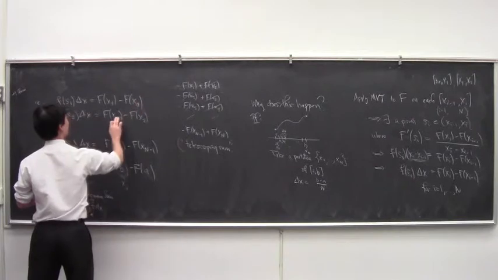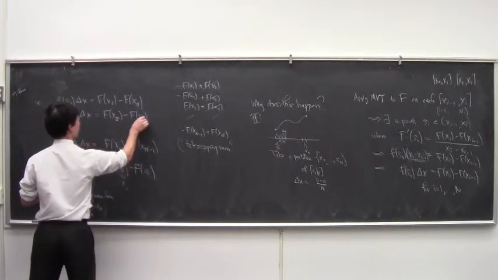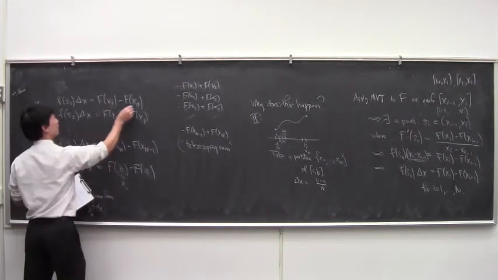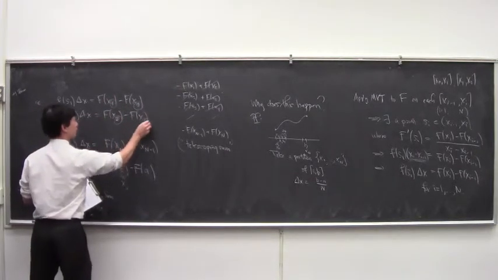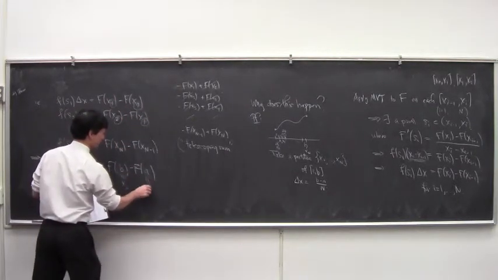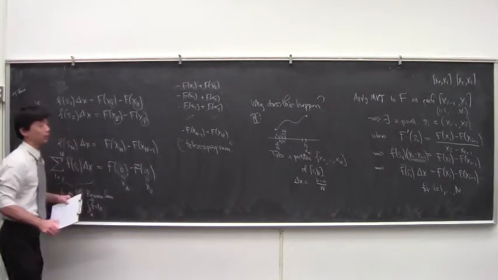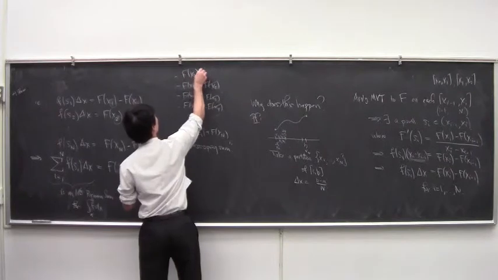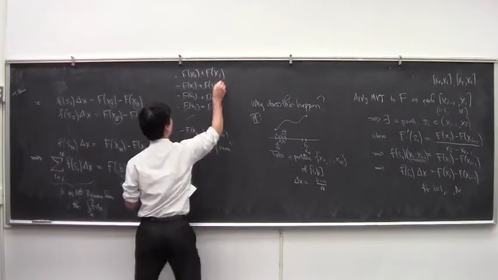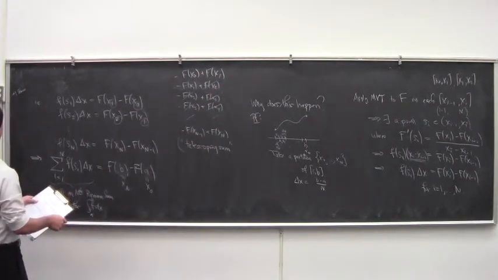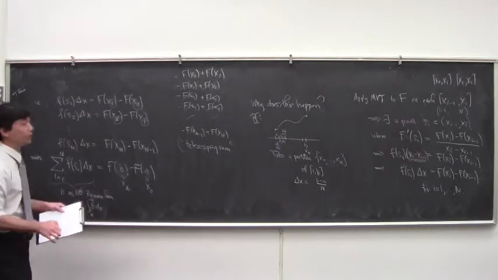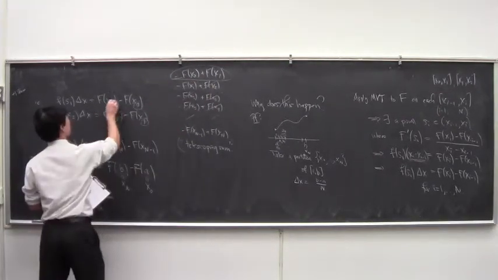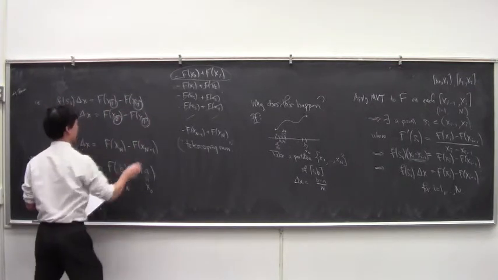There should be f(x1) minus f(x0). Anyway, this should be x0. Now it's right. So I just added in this and fixed these guys.